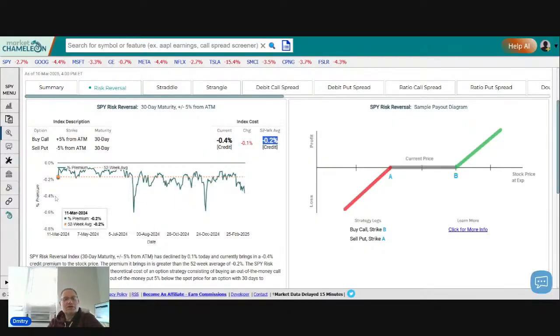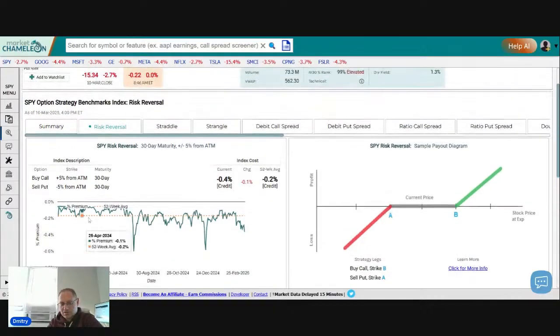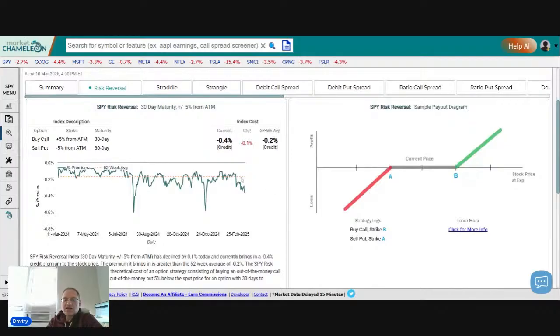Well, it's pointing down because you're getting more credit, right? So going up, it would go above zero. The cost of it could be positive. You could pay a debit. Here we're getting a credit on the 30-day. And this dotted line here shows us the average for the last 52 weeks.